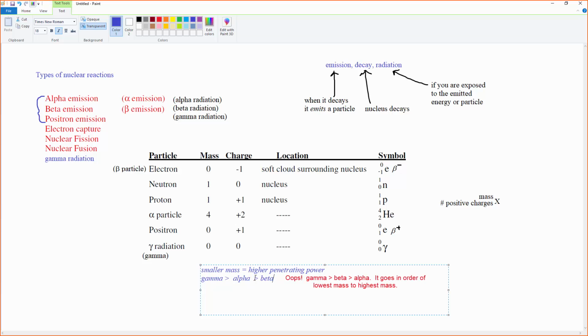Now, that's not to say that alpha and beta radiation can't be used or couldn't be dangerous. In fact, one thing that I ask you to do in this lecture, and you'll see on the discussion forums, is to go look up some forms of nuclear medicine, because nuclear isotopes and nuclear chemistry is used a lot in medicine in ways that you wouldn't even expect, right? And so you might take an alpha emitter or a beta emitter orally, or you might have it administered into your veins, right?